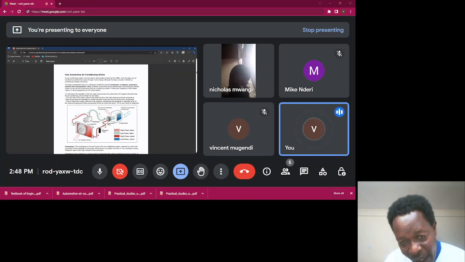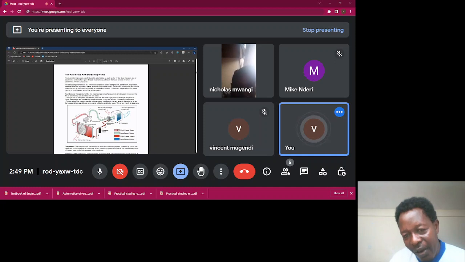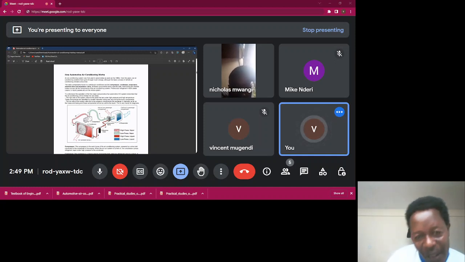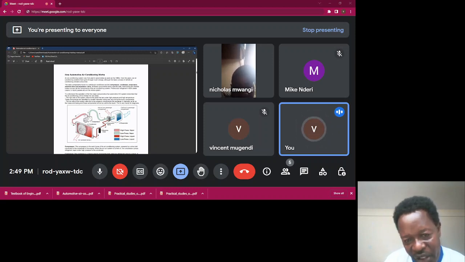So on the left hand side of our diagram, we have a key where we have high pressure vapor, and I indicated before the compressor. From the compressor outlet, we have a pinkish gas in pink, that indicates that it is a vapor which is at a very high pressure and temperature.